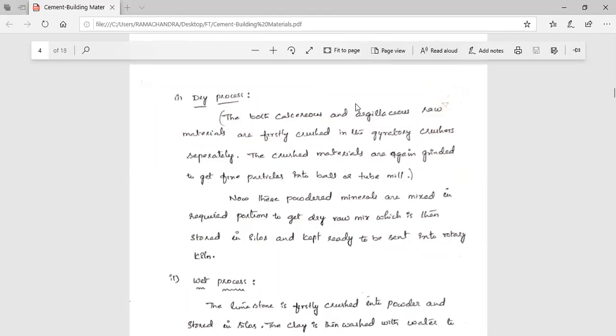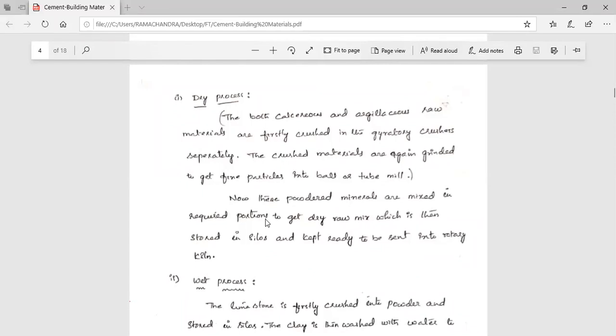The ball mill or tube mill is used to grind the raw materials again, that is lime and clay raw materials. Now these 2 materials are mixed in the required proportions to get a dry raw mixture.